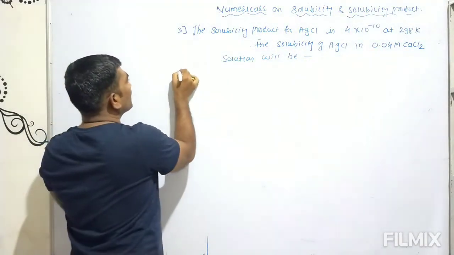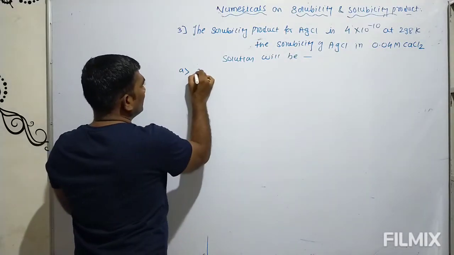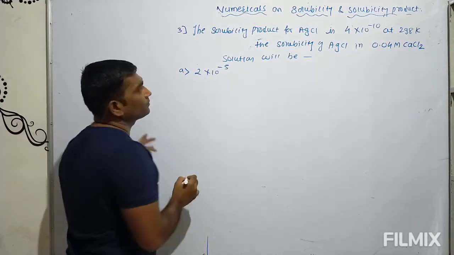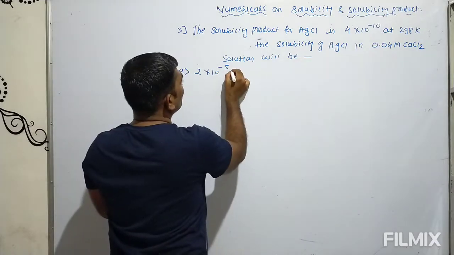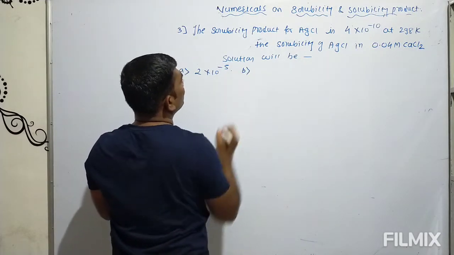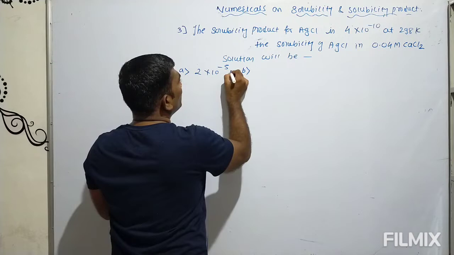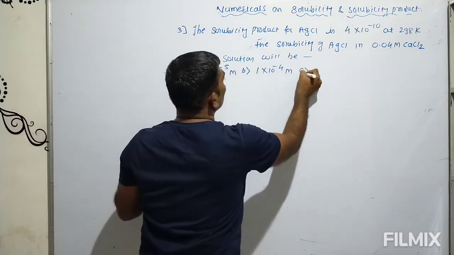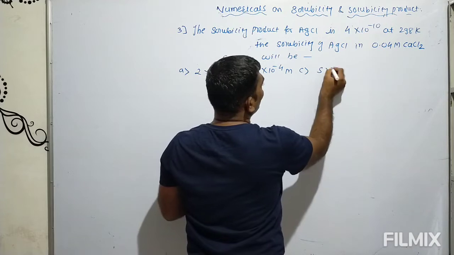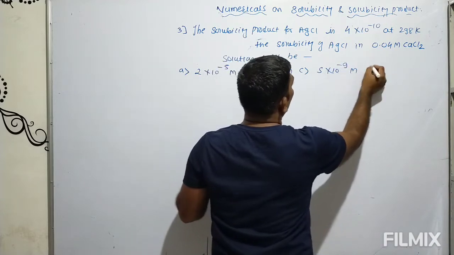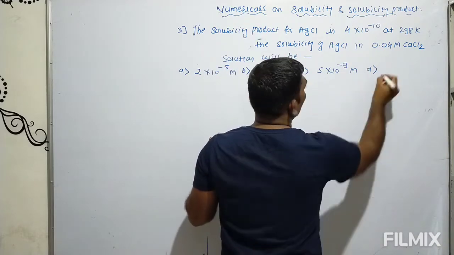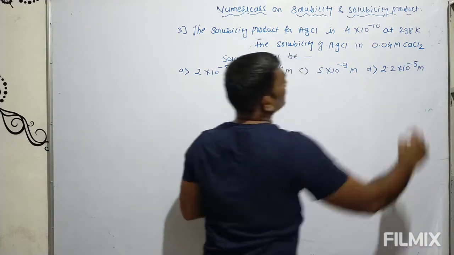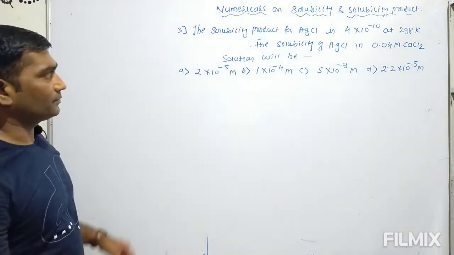Again 4 options are given: A is 2 into 10 to the power minus 5 molar, B is 1 into 10 to the power minus 4 molar, C is 5 into 10 to the power minus 9 molar, and the last option D is 2.2 into 10 to the power minus 5 molar. Now try to solve it.